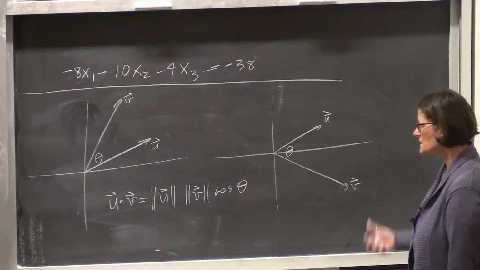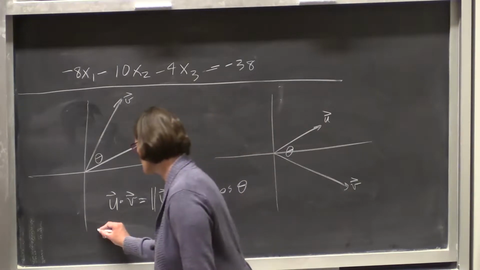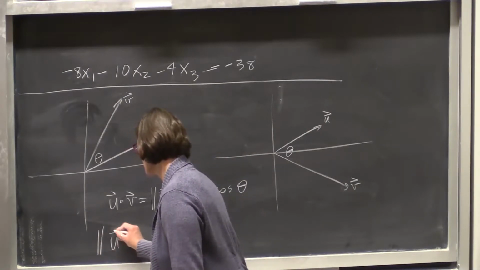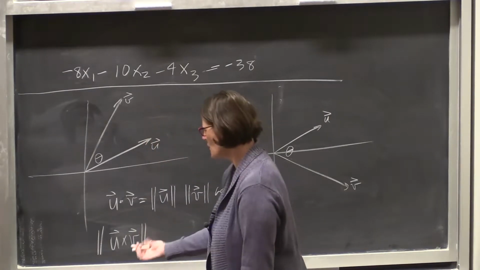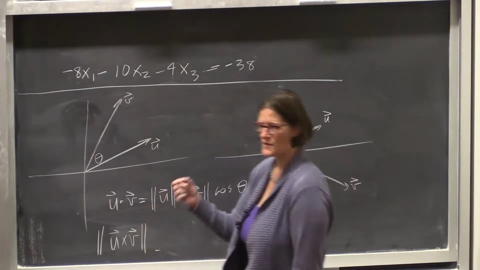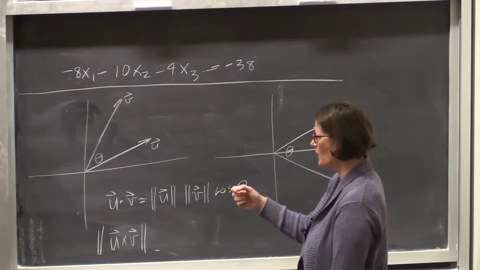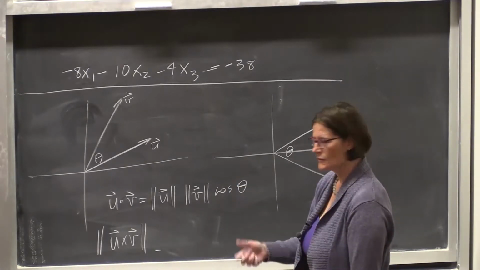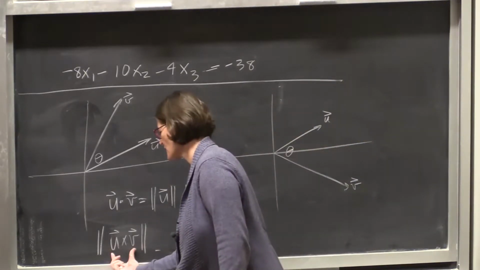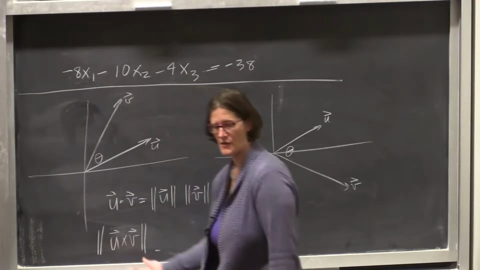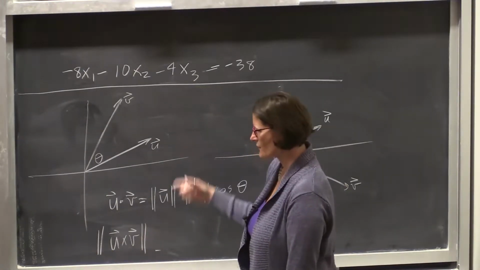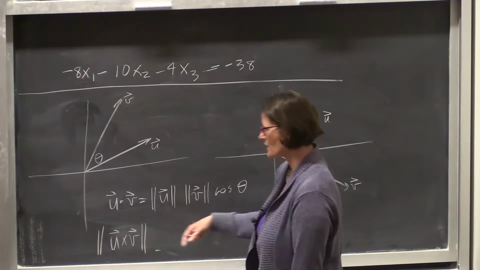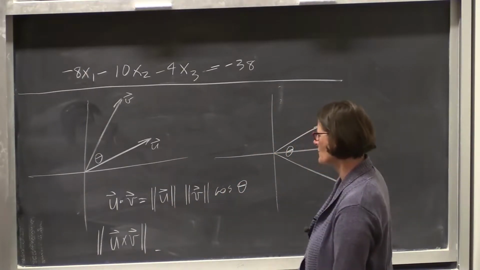If you sit down and compute the length of u cross v, you know what u cross v is in terms of the components u1, u2, u3, v1, v2, v3. It's some stupid vector, and you can compute its length. You take the square root, square the first component, add the square of the second component, add the square of the third component.